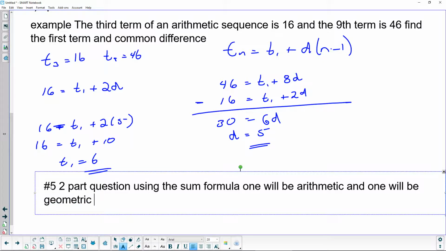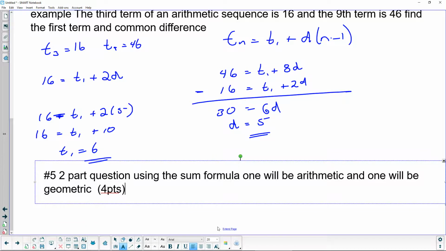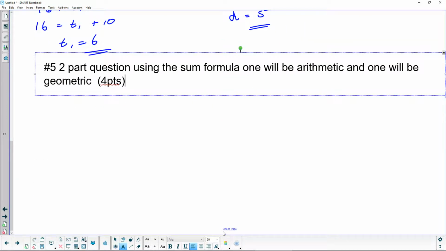Okay, so what's that going to look like? Well, that'll be 4 points. Well, what's that going to look like for an example here? Well, I've got one here. So let's say find the sum.